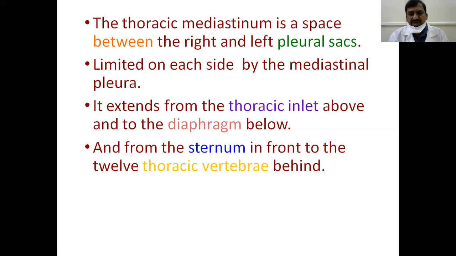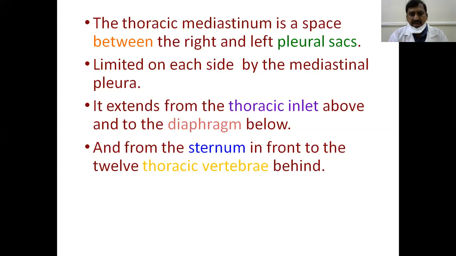In front it is bounded by the sternum, that is the three parts of the sternum, especially the body of the sternum and the manubrium sterni. On the side of the sternum, there are costal cartilages, the costal cartilages of the true ribs reaching the sternum. They also take part in the formation of the anterior boundary of the mediastinum.